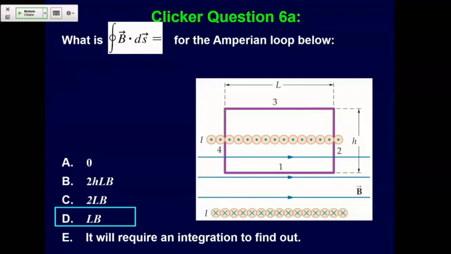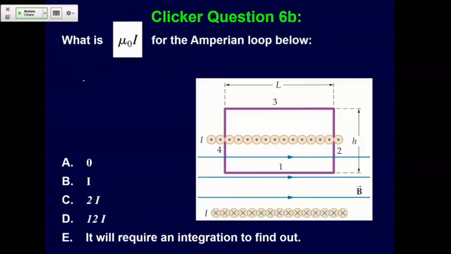When we added this up, we did it segment 1, segment 2, segment 3, segment 4. Segment 1 was the case where the B field is parallel to your segment the whole time, and so the answer is just the magnetic field times the length of your segment.